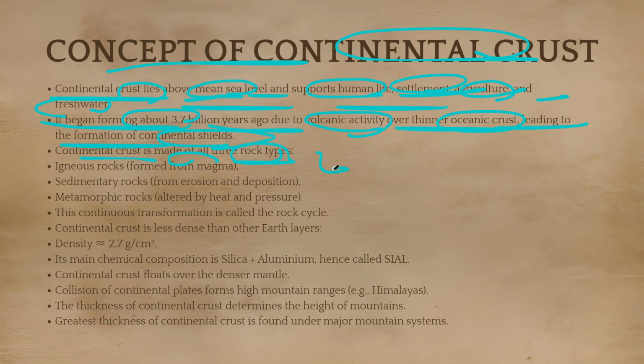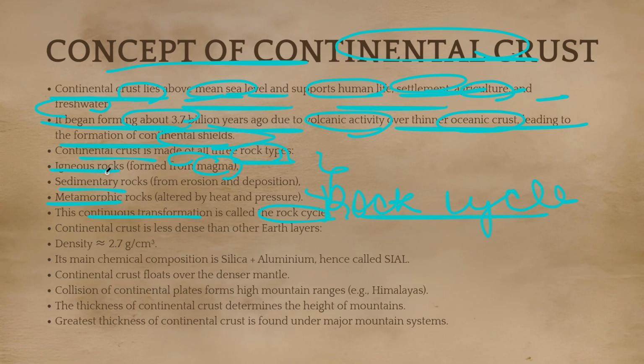Continental crust is made up of all three rock types, that is the igneous, sedimentary, and metamorphic rocks. And we know these rocks are formed by the rock cycle. Okay, we have covered the rock cycle. What happens is that igneous rocks are formed from the cooling down of magma that comes out from the Earth's interior, or you can say from the mantle.